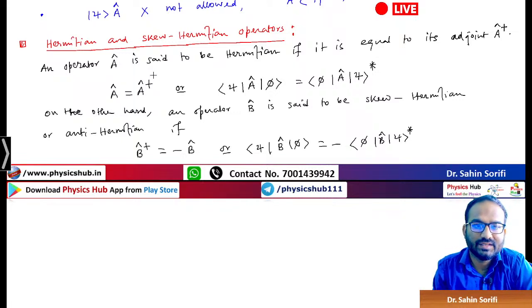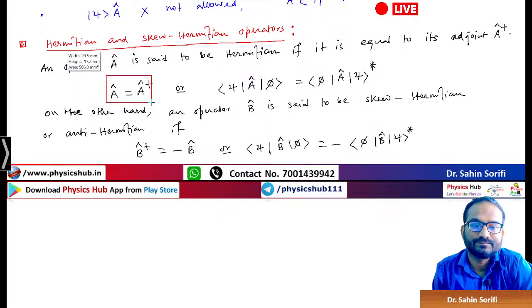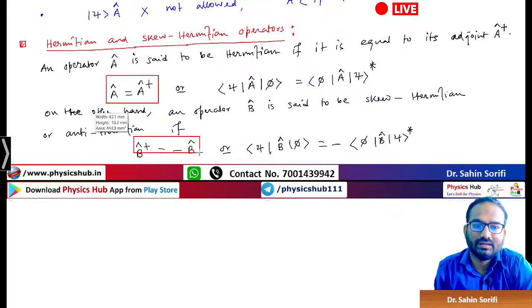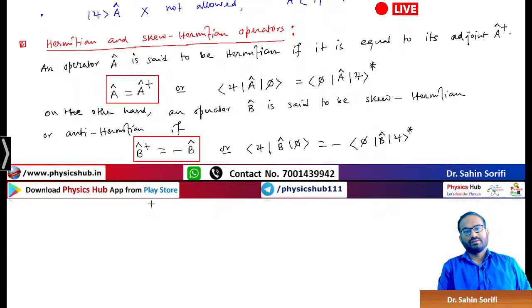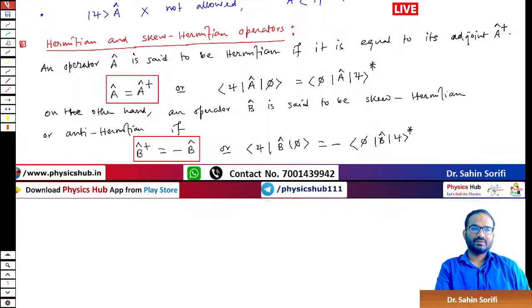A equals A dagger is Hermitian, and A dagger equals minus A, or B dagger equals minus B, defines the skew-Hermitian operators.